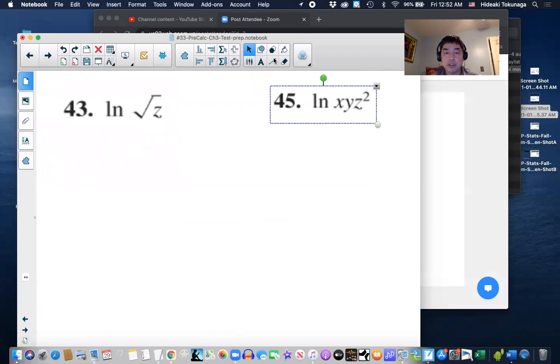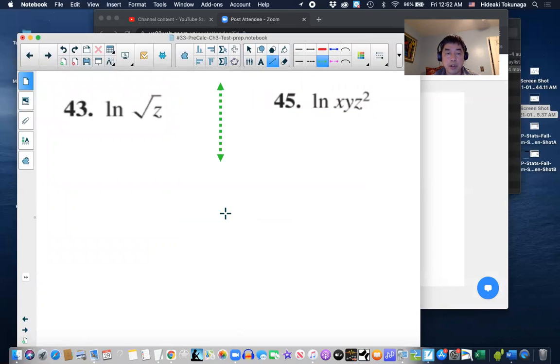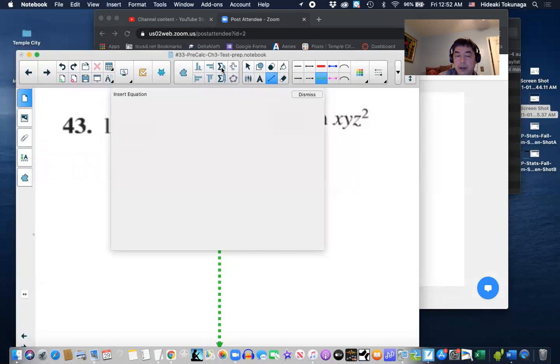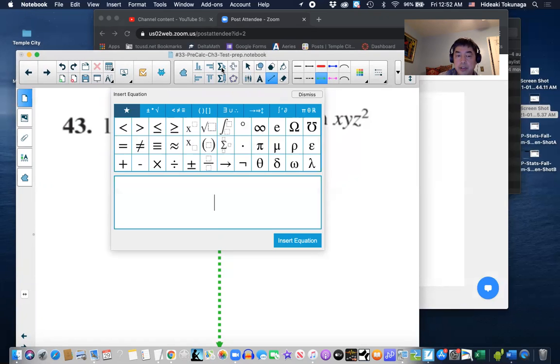This is also from your homework. But take a look. One thing you have to do first is rewrite this one without the square root sign. Natural log, base is e, and z to the half power.